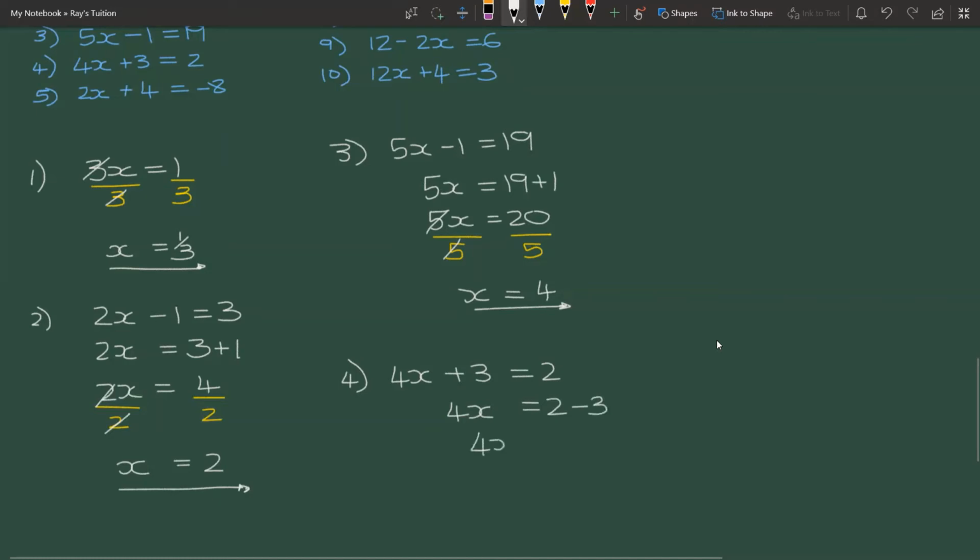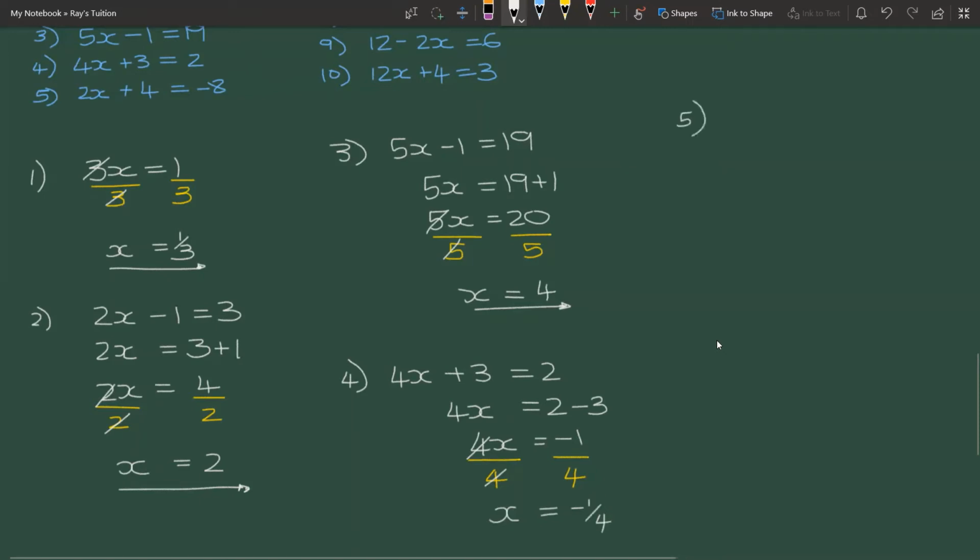So we have 4x is equal to minus 1. Then we would like to get rid of the 4. So what we're going to do is divide both sides by 4. And then the 4's cancel out, and we have just x. And on this side, we have minus a quarter. If you wanted to, you could write that as a decimal.